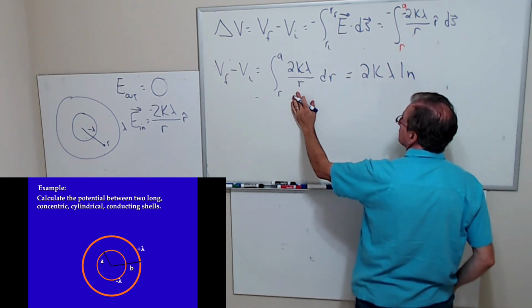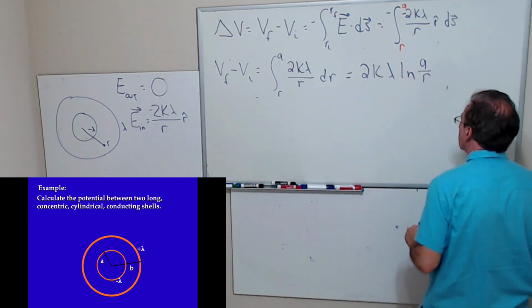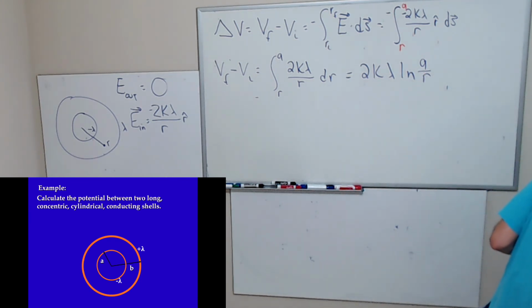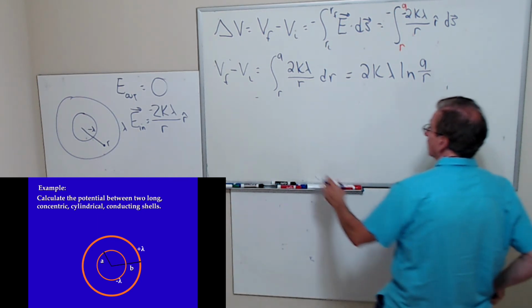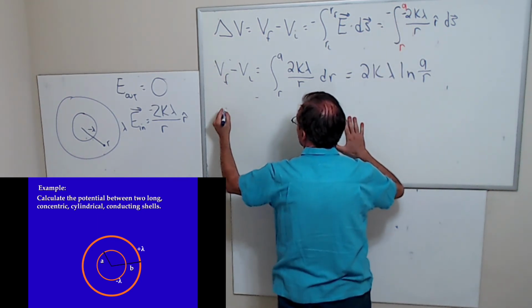When I evaluate this integral, let me check my signs, I don't want to be silly here. Yeah, we're fine. And then the final one here is A, so I can call this V sub A.